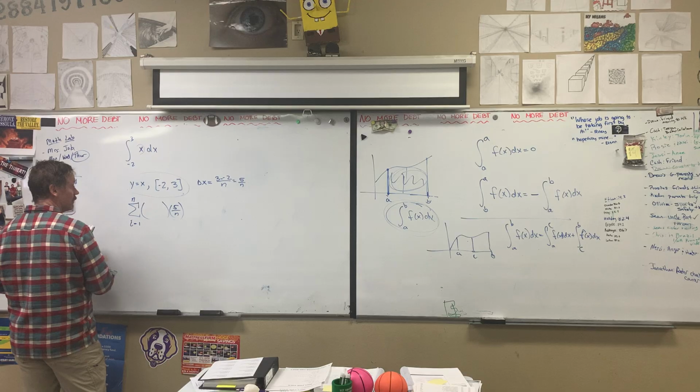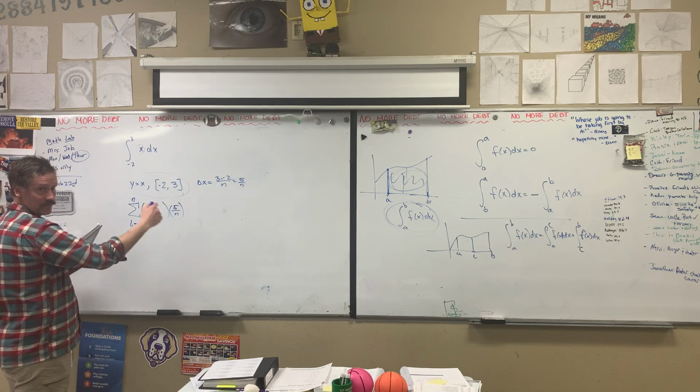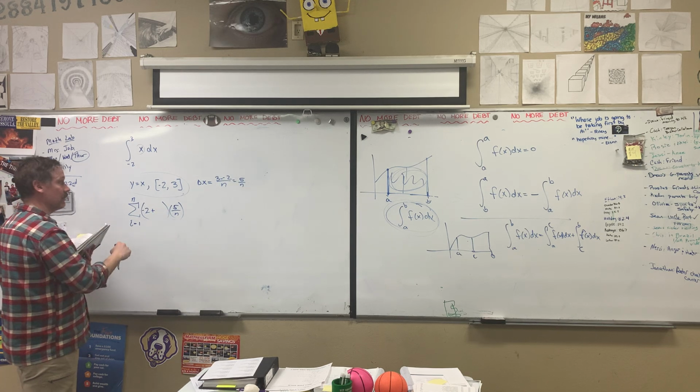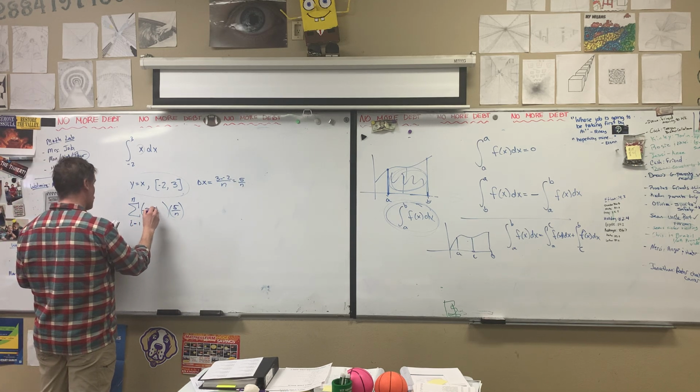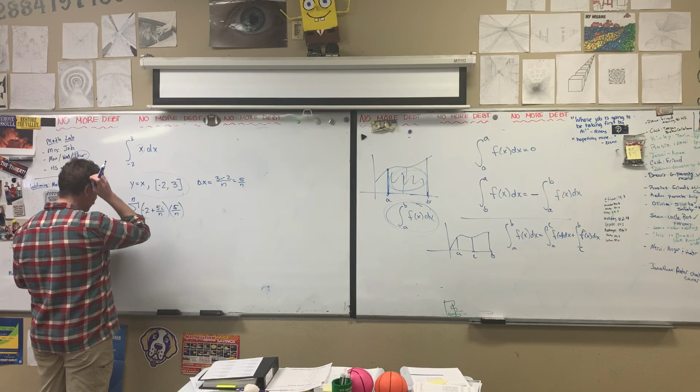It would be -2 plus, because we're starting at -2, so we have to go over and then start our rectangles going up, just 5i over n.